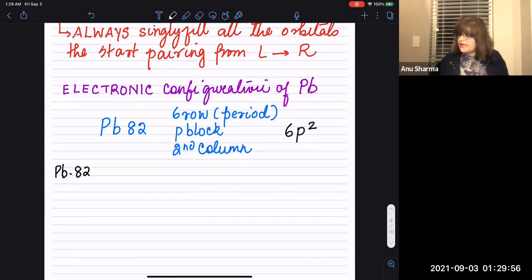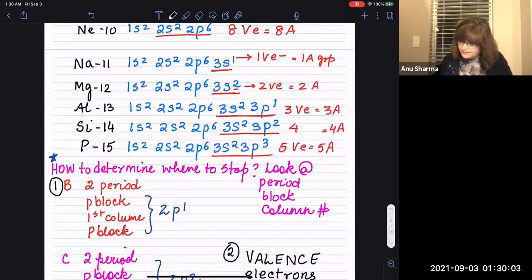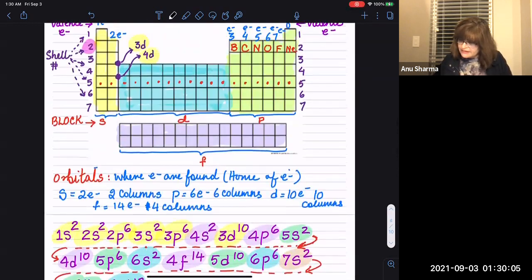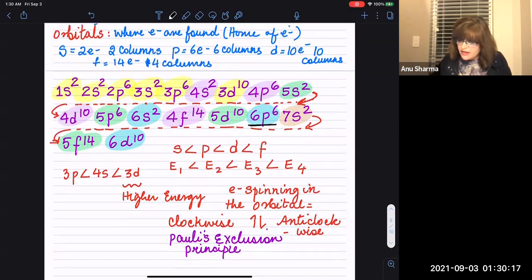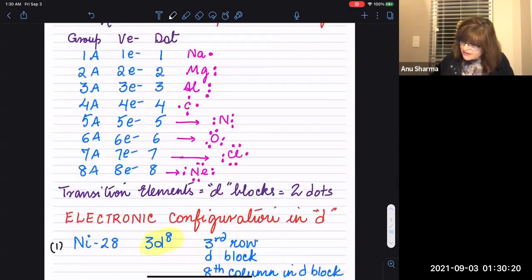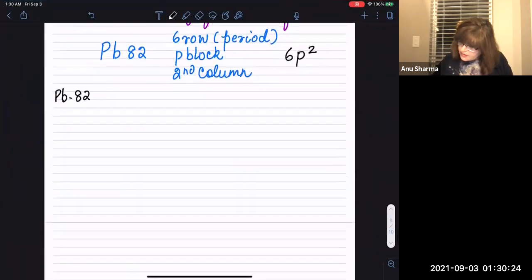Now, the remaining you can just follow all the way as I'm explaining this. 1s2, 2s2, 2p6, all the way till 6p, right here. So that's where you have to stop, but the remaining you can just copy. So let's do this here.